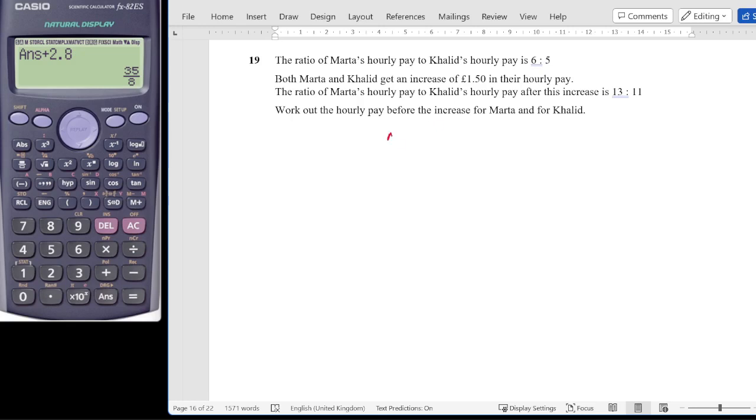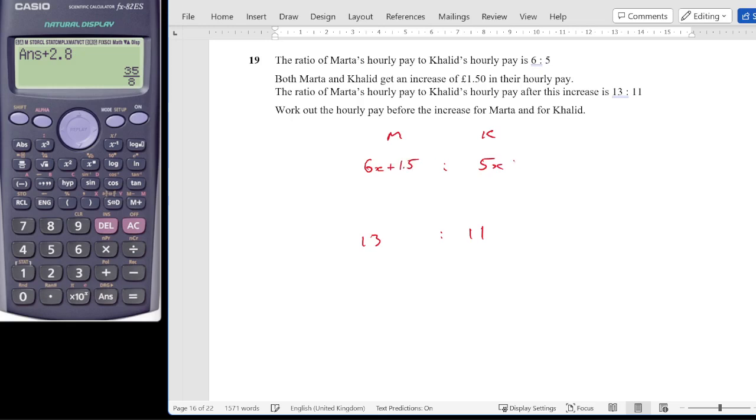Okay, I'm going to do it like this. So I'm going to say M to K. They kind of start at 6:5, but I've got to add on. So the issue is I can't just add on 1.5 because 1.5 is the actual figure. I can say whatever multiple of this, so let's say 6x and 5x, plus 1.5.